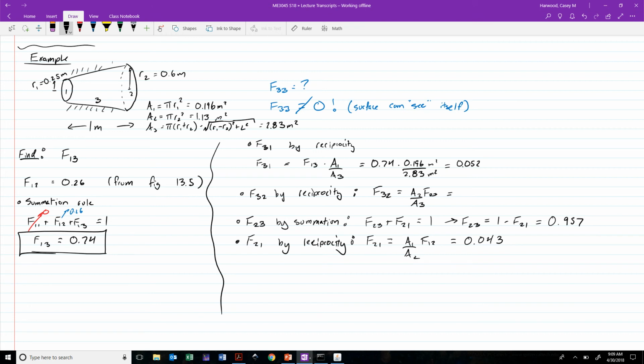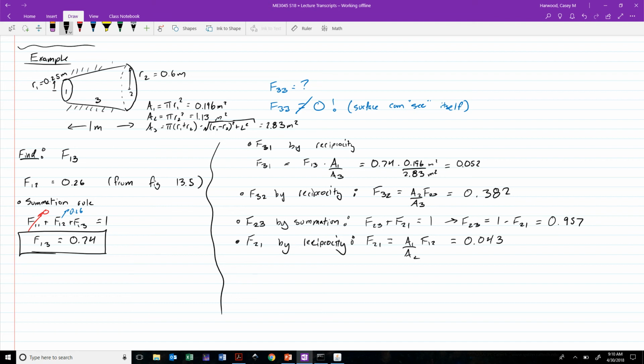F32, here we go. 0.382. So we've got F32. We've got F31, which we calculated earlier.